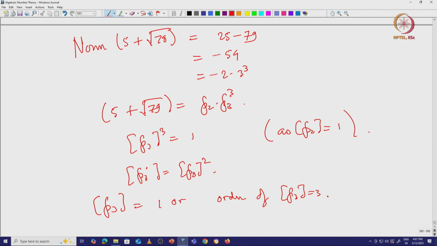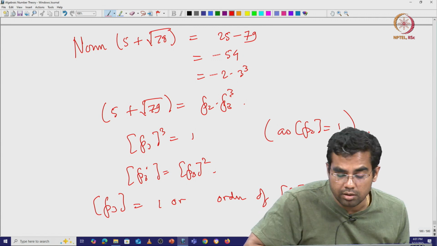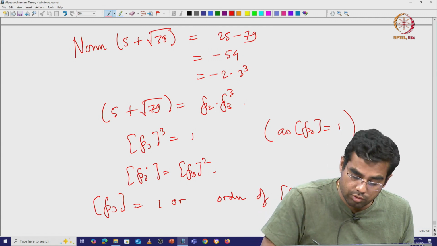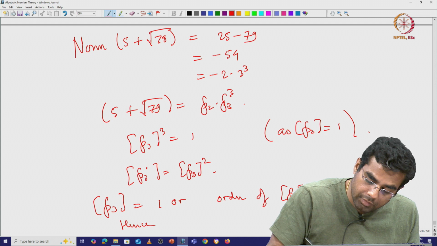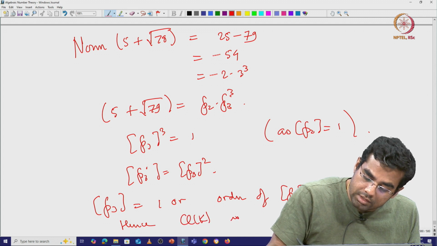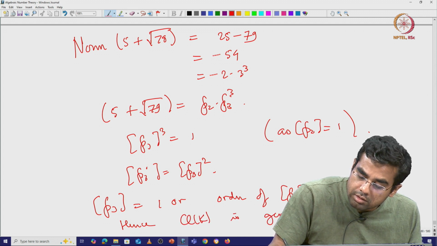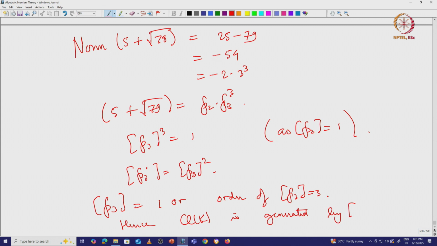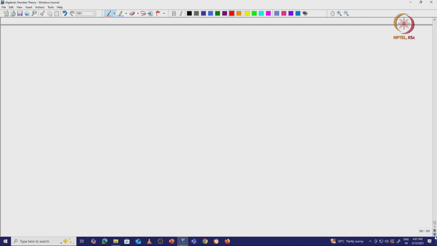Anyway, what we have shown in the end is that the class group of K is generated by P3, and so the class group of K is either trivial, or it is Z mod 3 Z. So we have to find out which one it is.